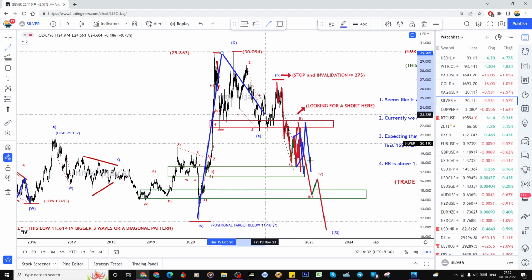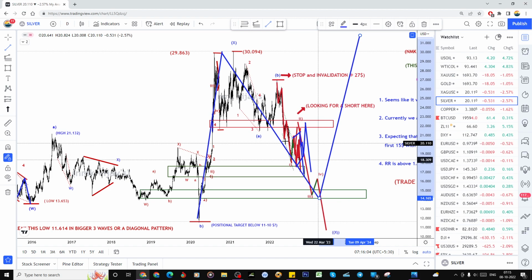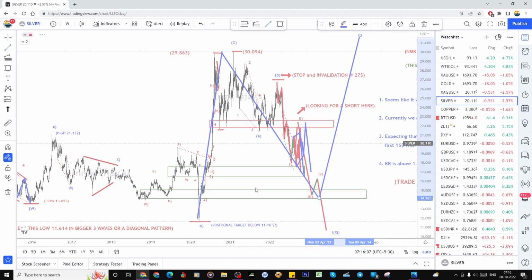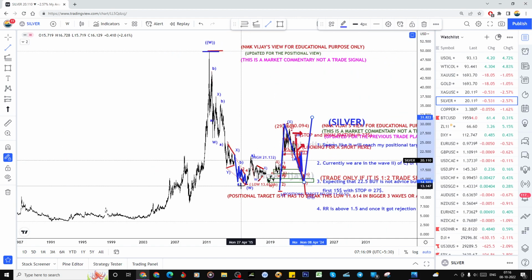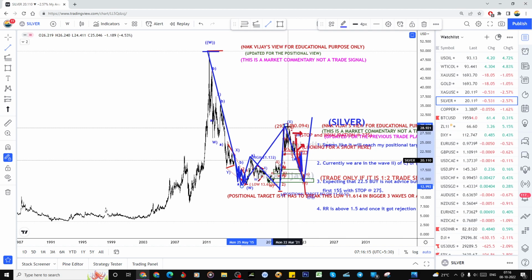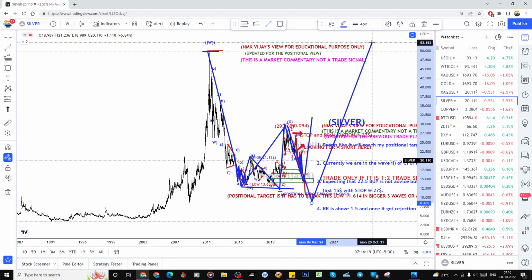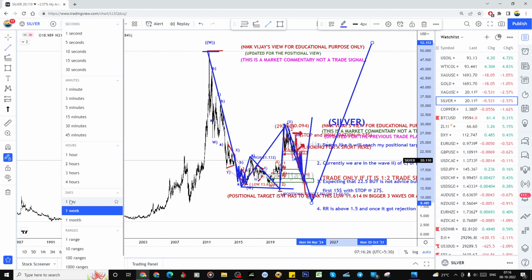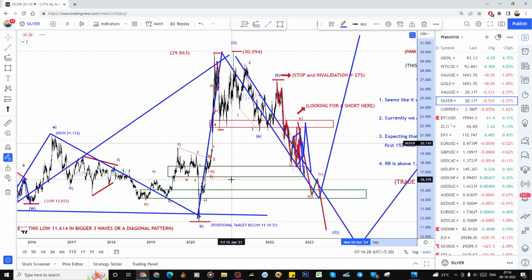Once the correction part is completed, we can expect this one. But if this is the one A, B and C, so this is the impulsive, this is the correction, and one more impulsive to the downside to break this one, and again we can go for this. So this is the one pattern I'm expecting, but I'm not going to sell here.